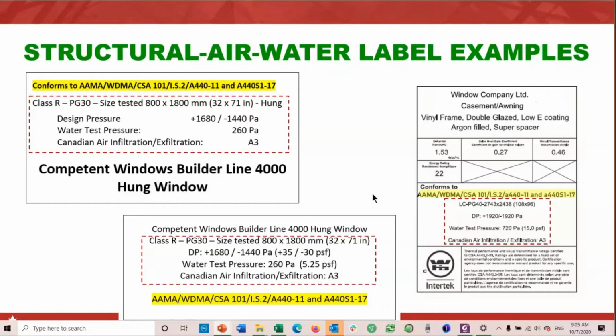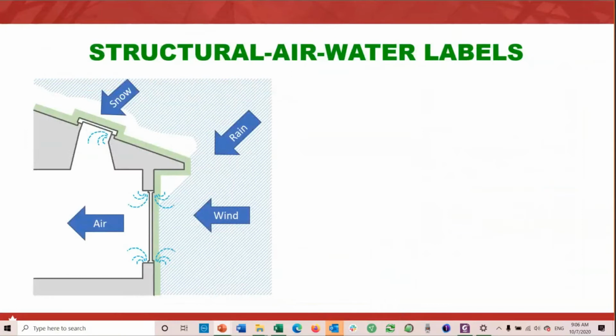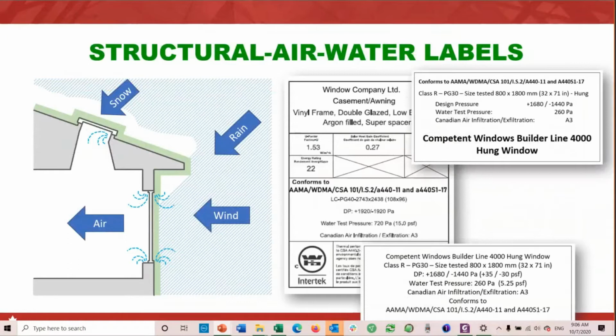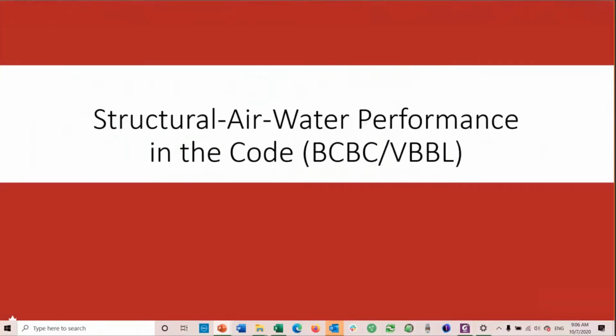So labels can have multiple ratings on them, but here we're focusing on the structural air-water performance labels. This slide summarizes the types of labels that you are likely to see to report your structural air-water performance. And we can make this slide available to you if you want for reference purposes, just as a pictorial guide to help builders and other people in the municipal department recognize which labels do what.